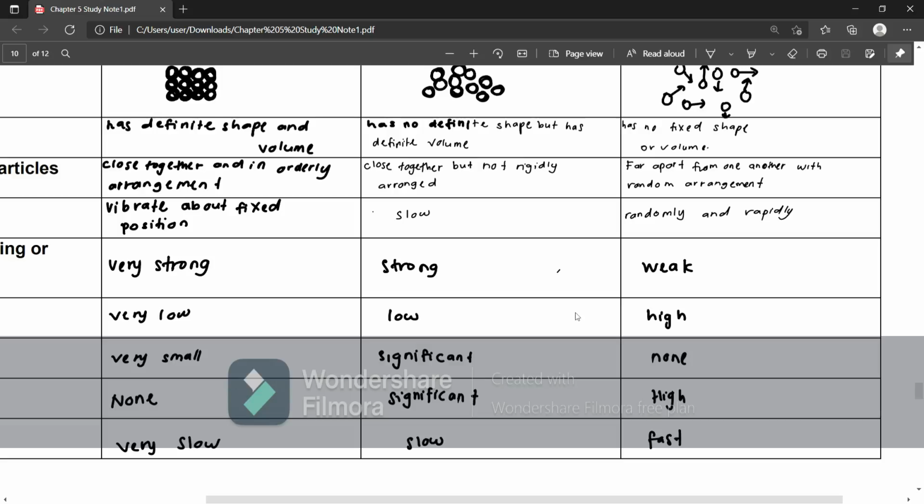Molecular motion for gas is random and rapid. Interparticle bonding force for gas is weak. Compressibility for gas is high. Surface tension for gas is none. Viscosity for gas is low. Diffusion for gas is fast. Okay, done.